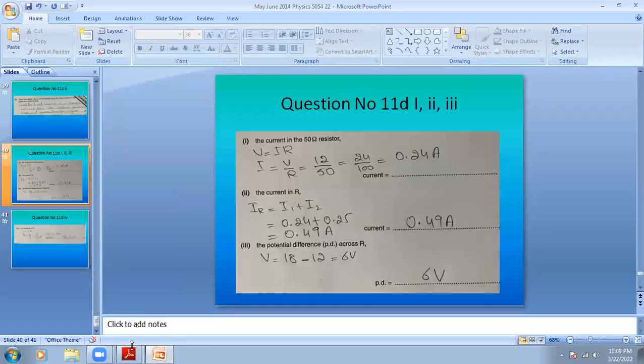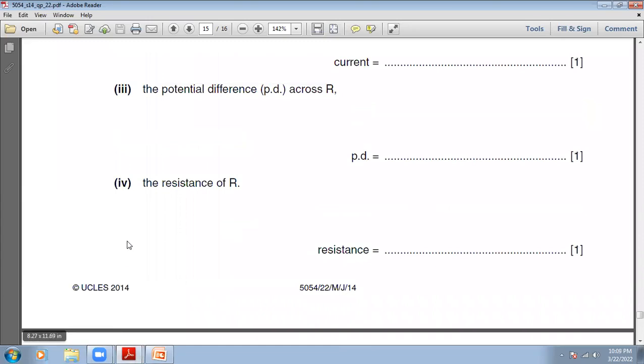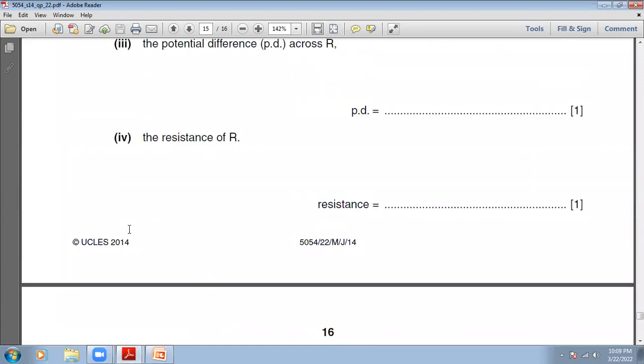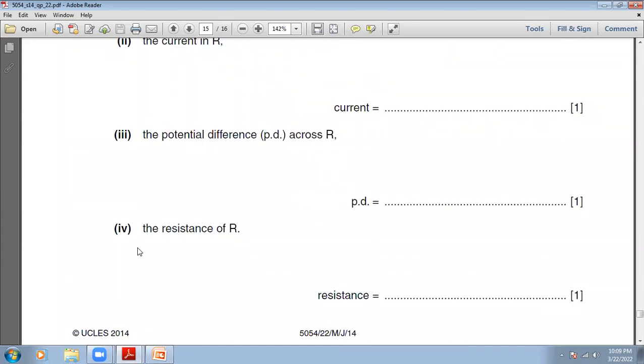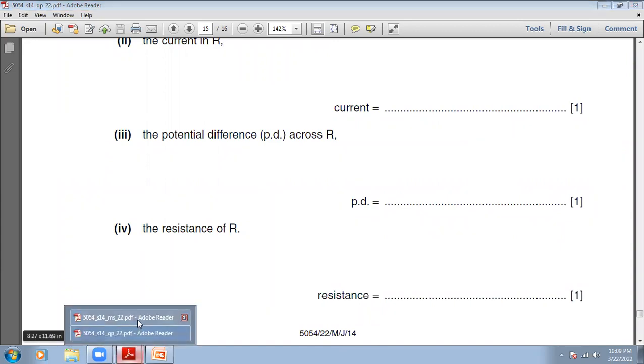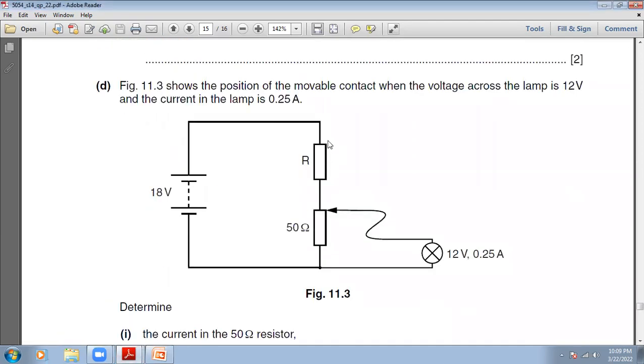Okay, then their question is, what is the resistance of the R? If you want to find out the resistance, you know the voltage drop, you know the current flowing through the R. I know the voltage drop here is 6 volt, and the current flowing through here is 0.49 ampere.